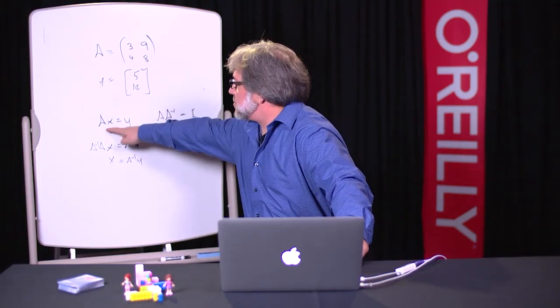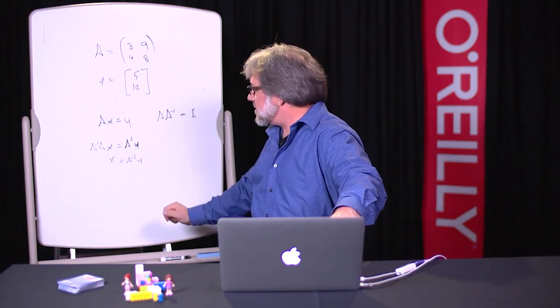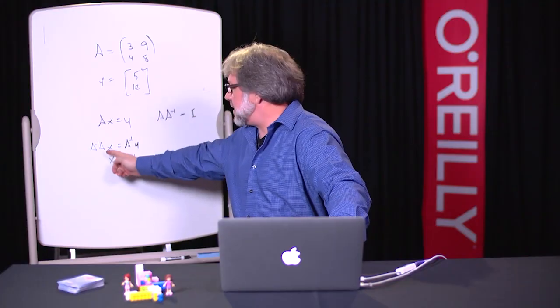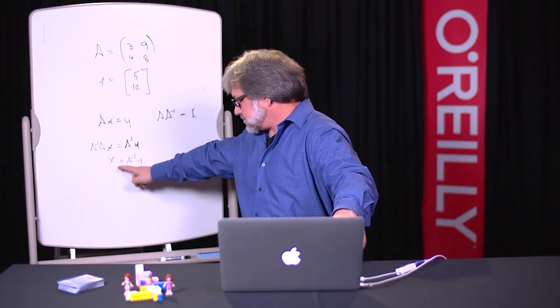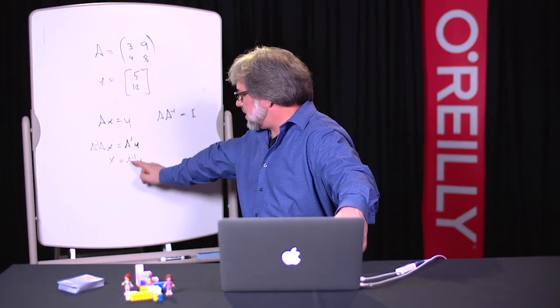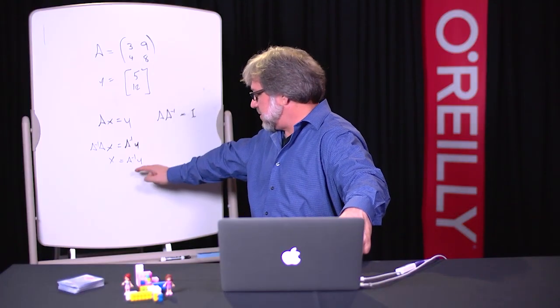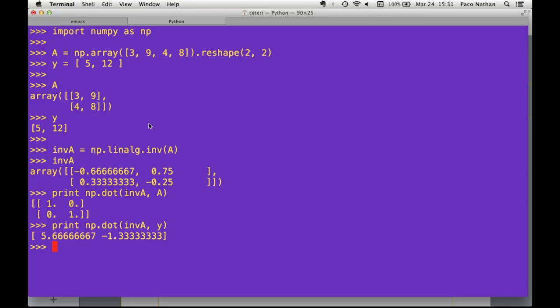We can solve this equation, Ax equals y, by multiplying both sides by the inverse of A. We come out with x equals the inverse of A times y. Okay, great. We get that solution, 5.67 and -1.3.